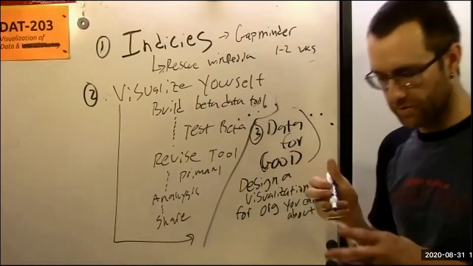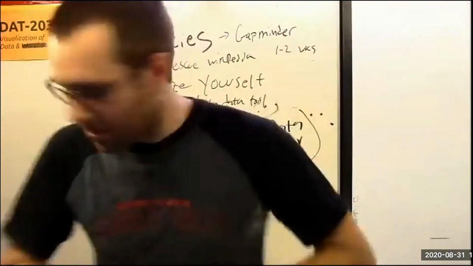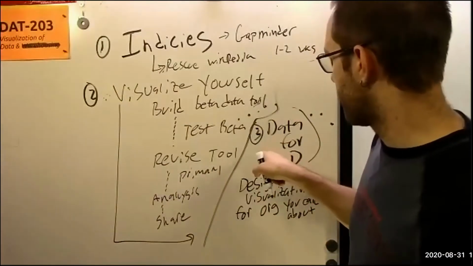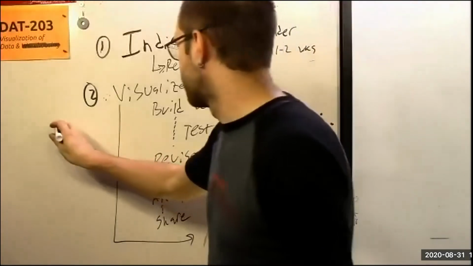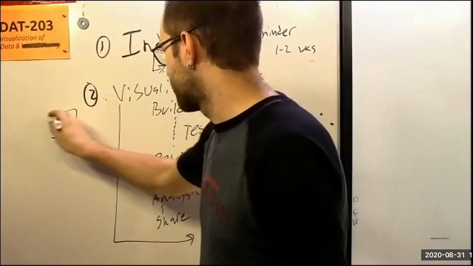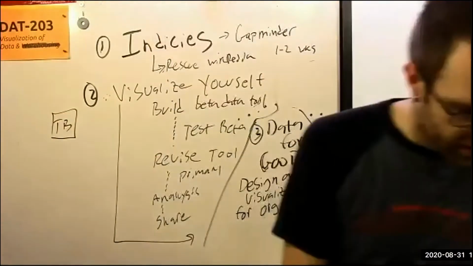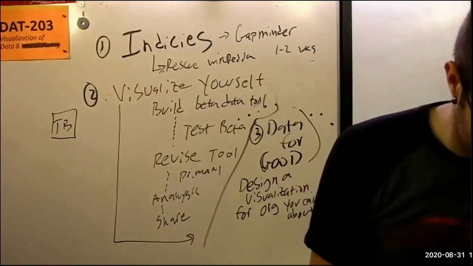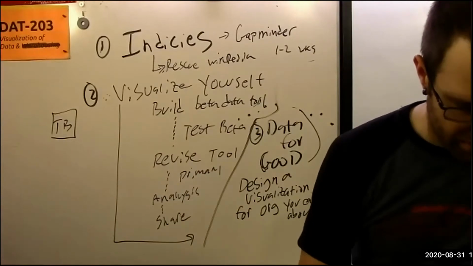Okay, nice. Great. Oh, and then I guess I wouldn't necessarily call it a project, but we'll call it the textbook. I'm going to invite each of you to choose a chapter from the book.